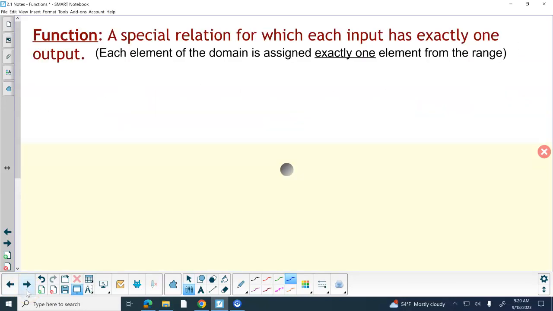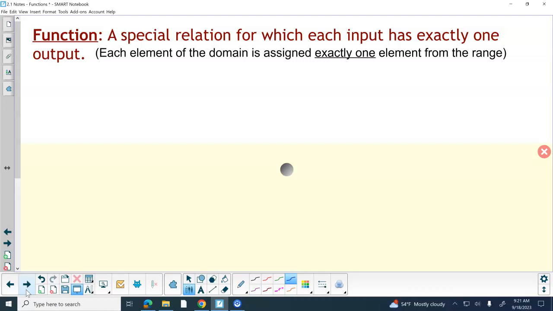Okay? All right? So a function then is a special kind of relation where each input has exactly one output. So the inputs are only paired with one output.